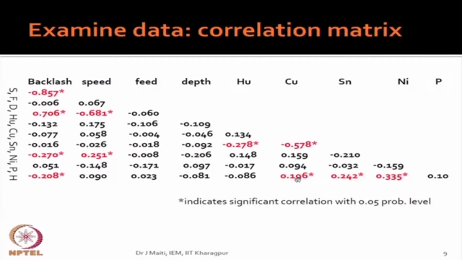So, we can say that there are certain correlations amongst the independent variables, but there are many other correlation coefficients which are not significant.